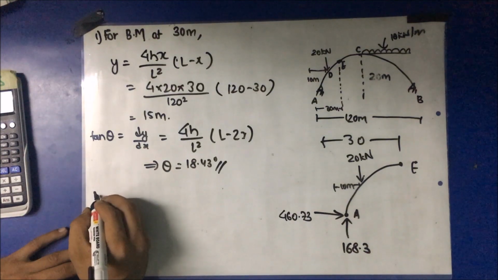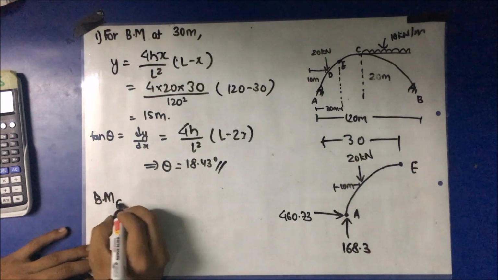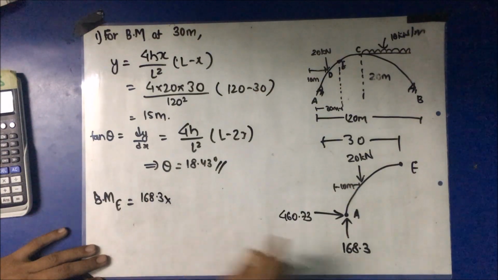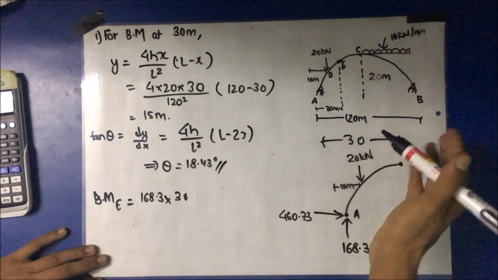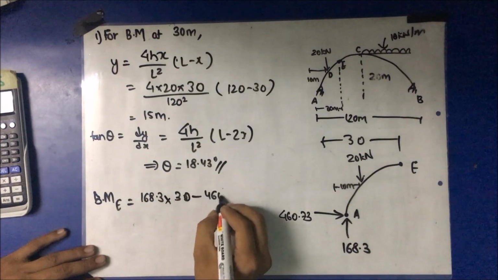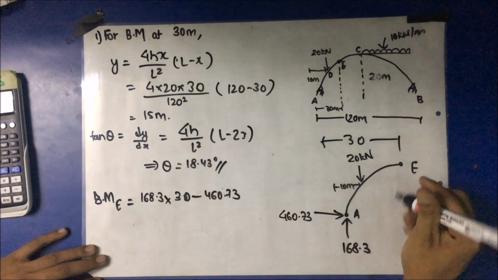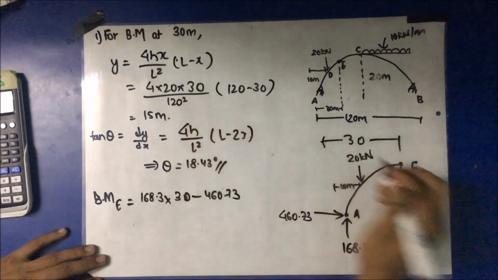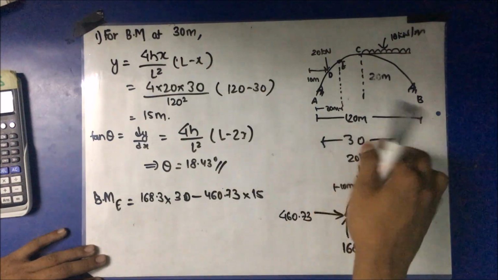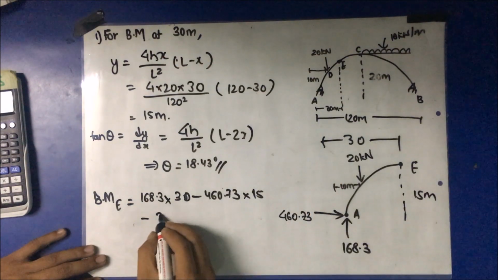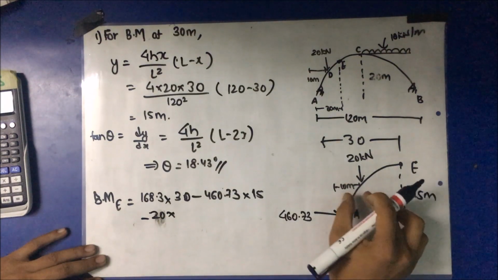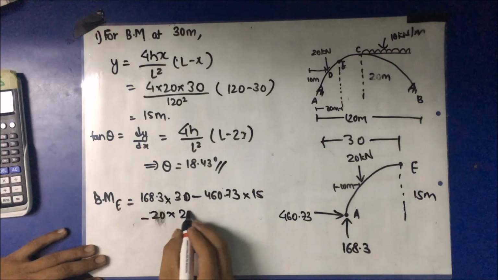So bending moment at E is equal to 168.3 multiplied by this distance 30 meter, it is a sagging moment, so positive, minus 460.73, negative, multiplied by this height we have just calculated as 15 meter, and this gives an anticlockwise moment again, so minus 20 multiplied by this distance, 30 minus 10, 20.